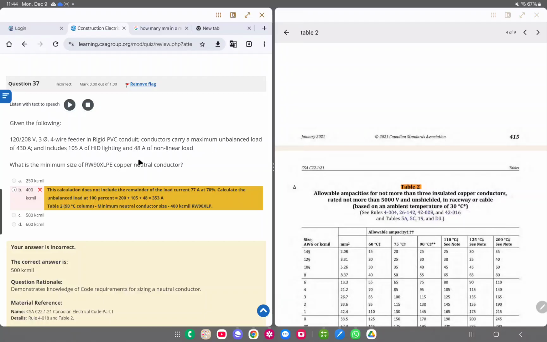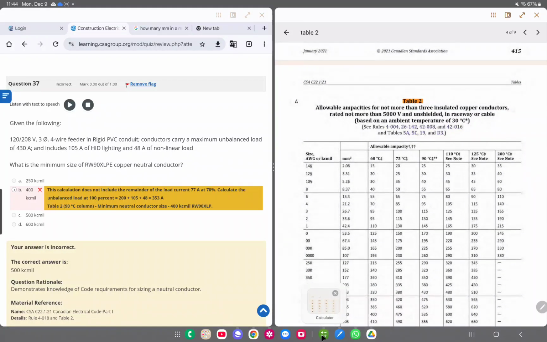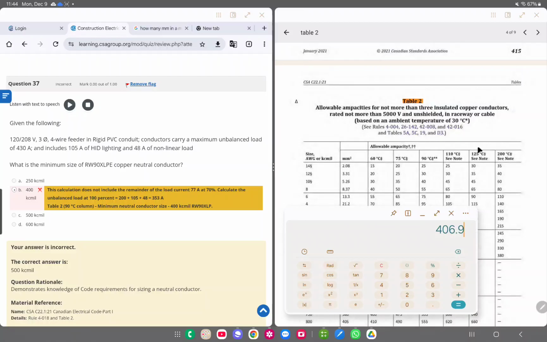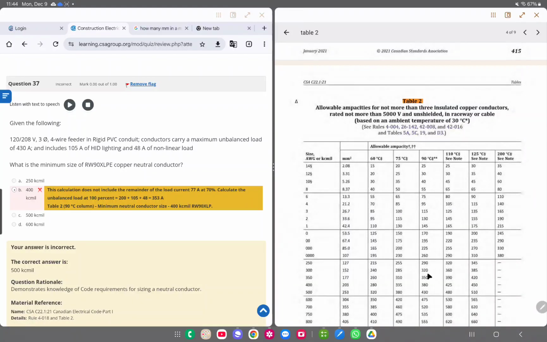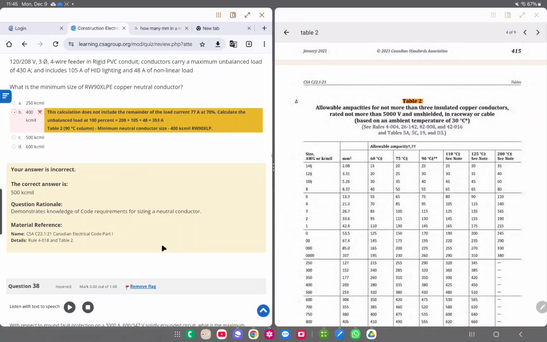So I guess we're going to go with the 90 degrees insulation of the actual neutral conductor. And neutral conductor, 90 degrees, we're looking for 406. 406 will land us in a 500 kcmil. So the correct answer was 500 kcmil. Minimum neutral conductor size, 500 kcmil.